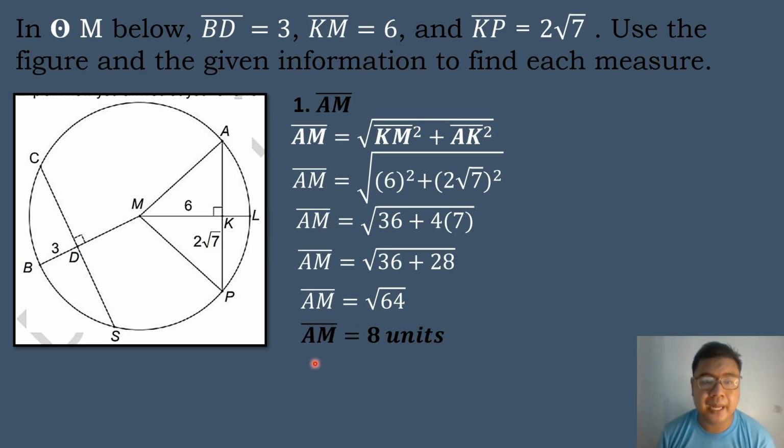So the measure of the hypotenuse of the right triangle AMK is equal to 8 units.